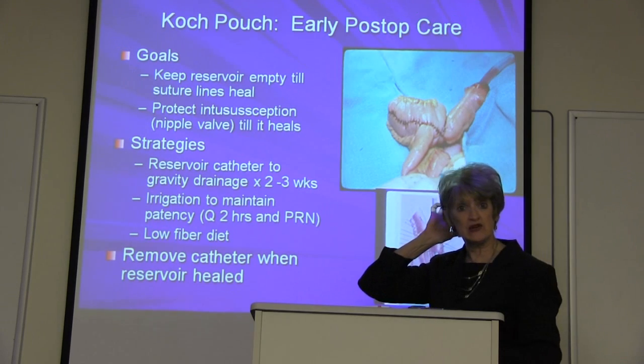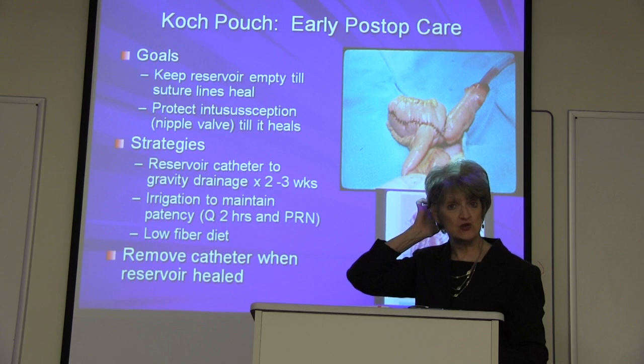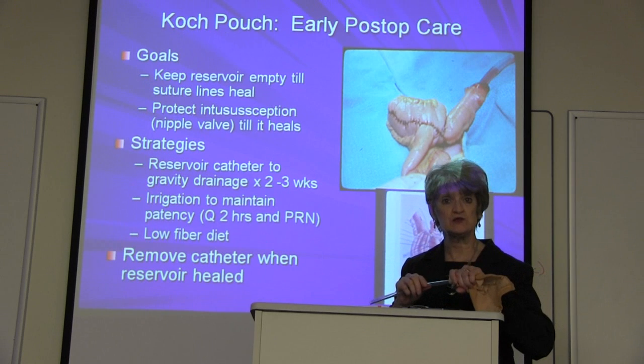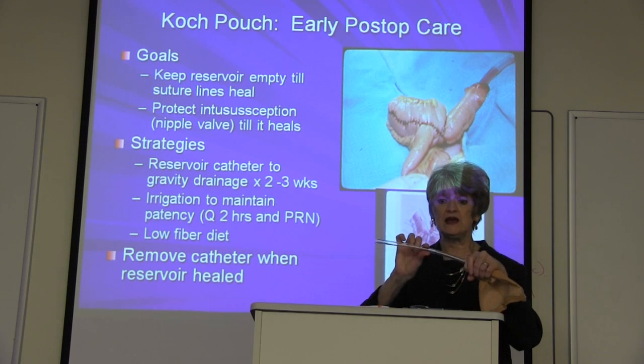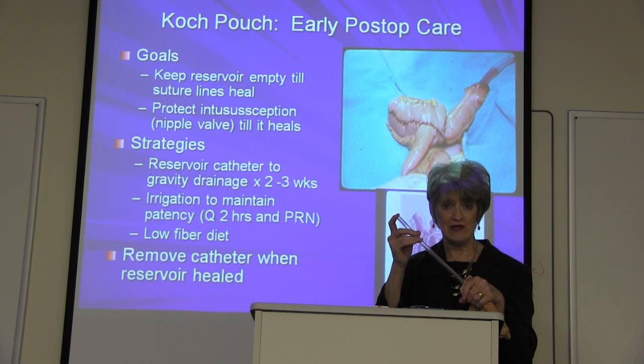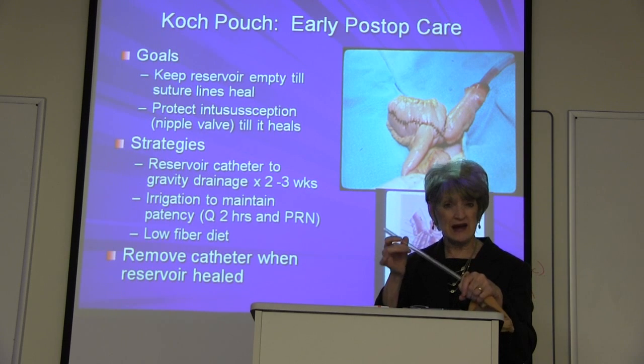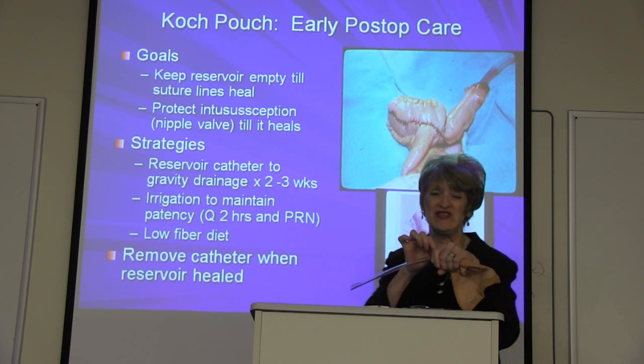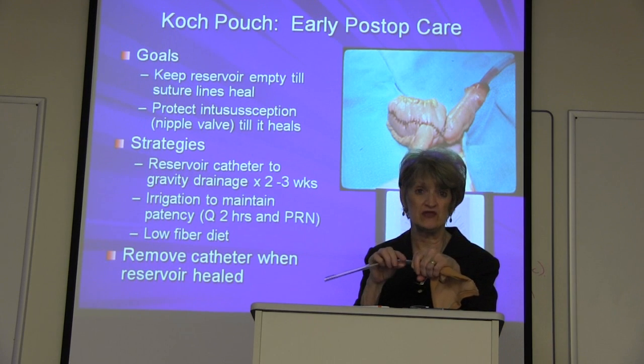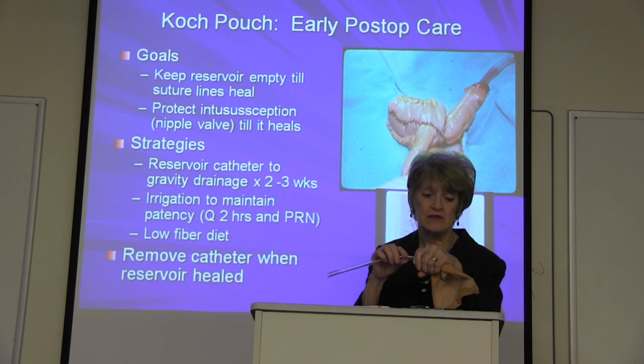What do we need to teach our nursing staff if we're ever in a situation where they're doing these procedures? The critical thing is to irrigate this catheter, usually about every 2 hours and PRN, to keep it patent, because there's going to be thick mucousy drainage coming through this, a little bit of blood, and then once the patient starts eating, of course, the drainage will be even thicker.